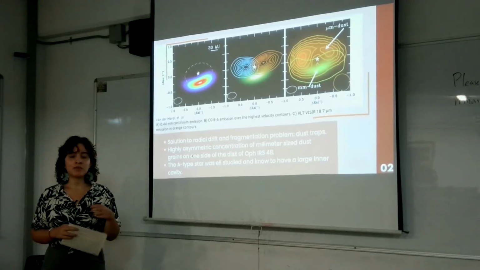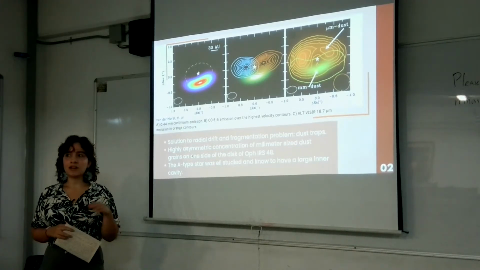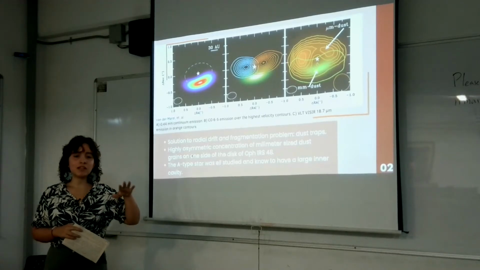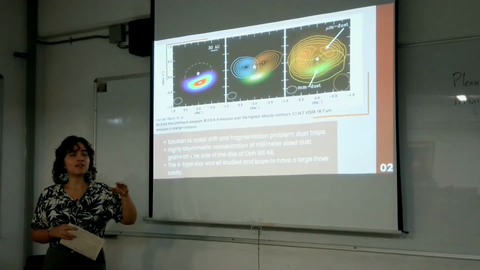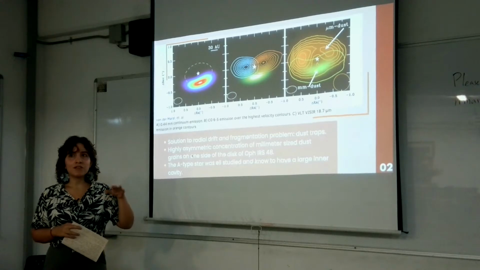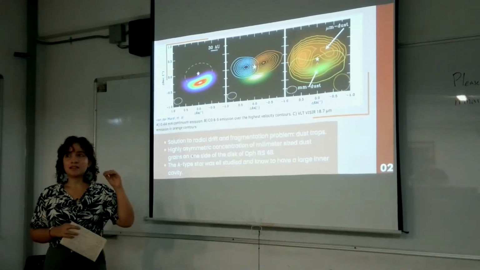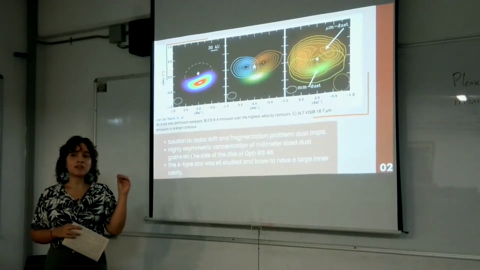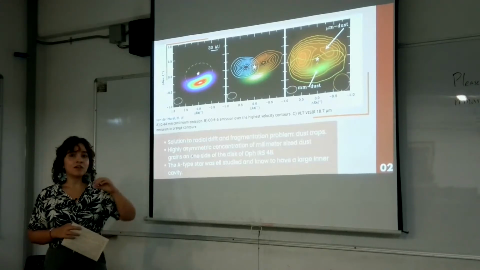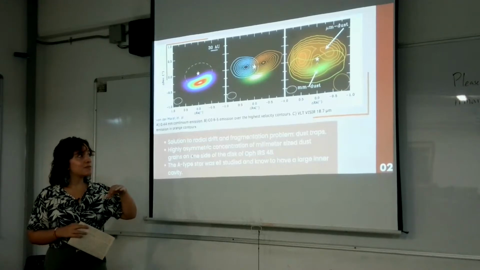I don't know if you remember that we talked about the problem of radial drift in the formation of planets, or in planet formation, or even smaller, like in centimeter-sized pebble formation in the protoplanetary disk.